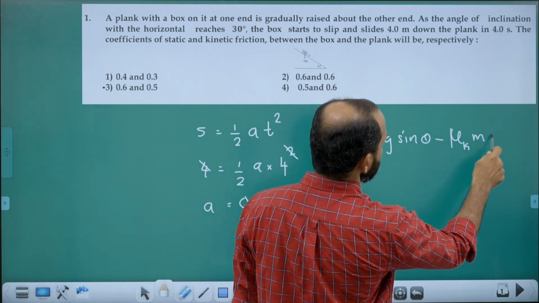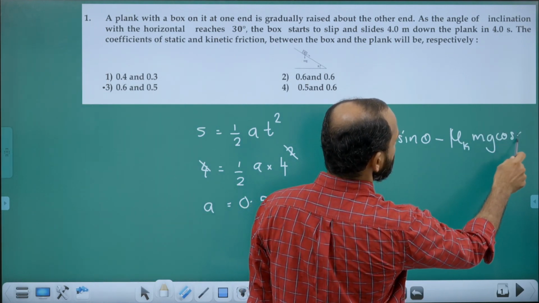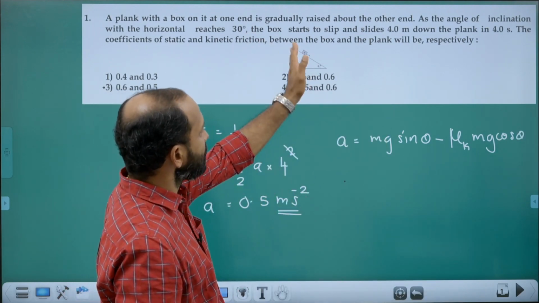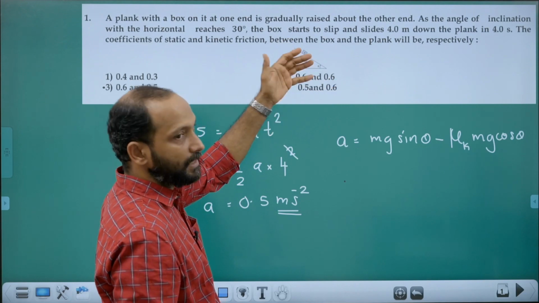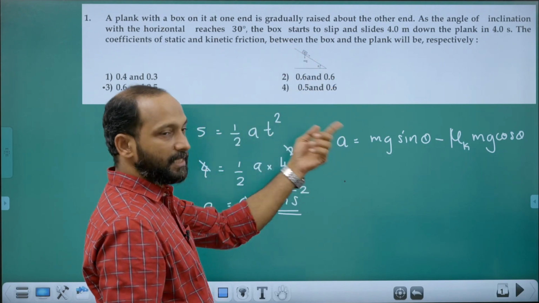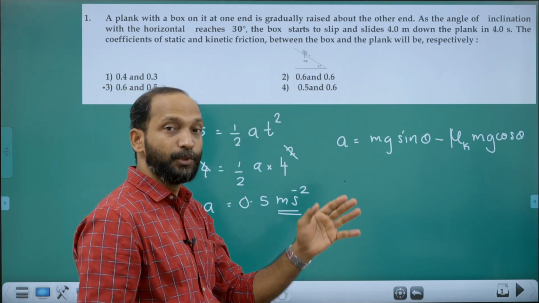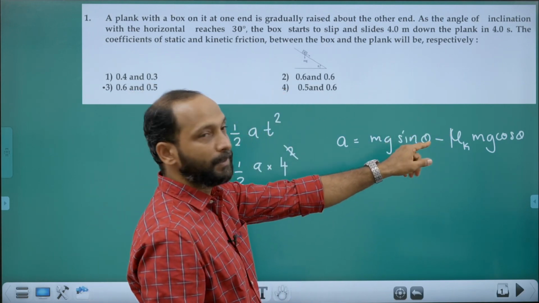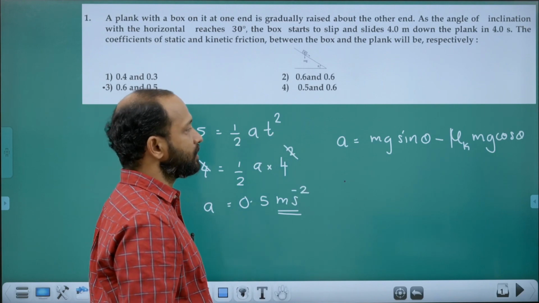Normal reaction on an inclined plane, as you know, is mg cos theta. This is the net force. Mg sin theta is the component of mg acting down the plane, minus kinetic friction. Kinetic friction is mu k times normal reaction. Mu k is the coefficient of kinetic friction. Normal force on an inclined plane is mg cos theta.